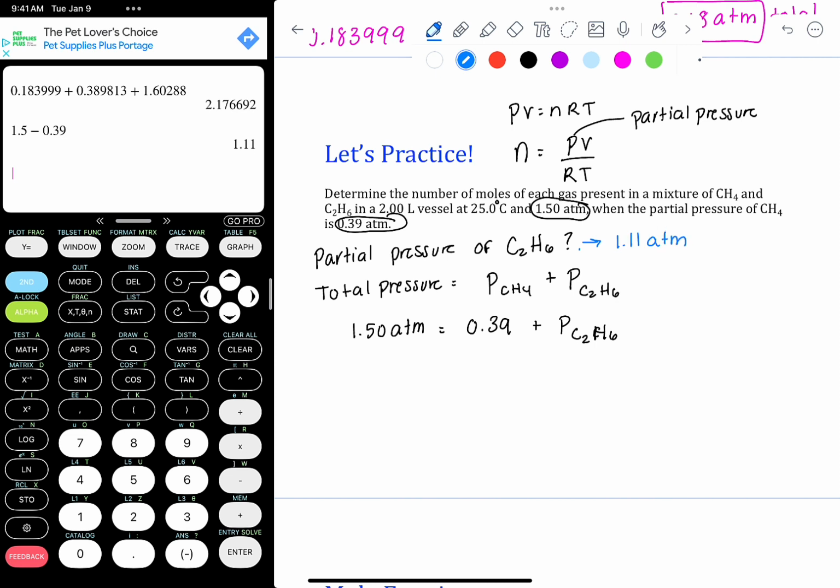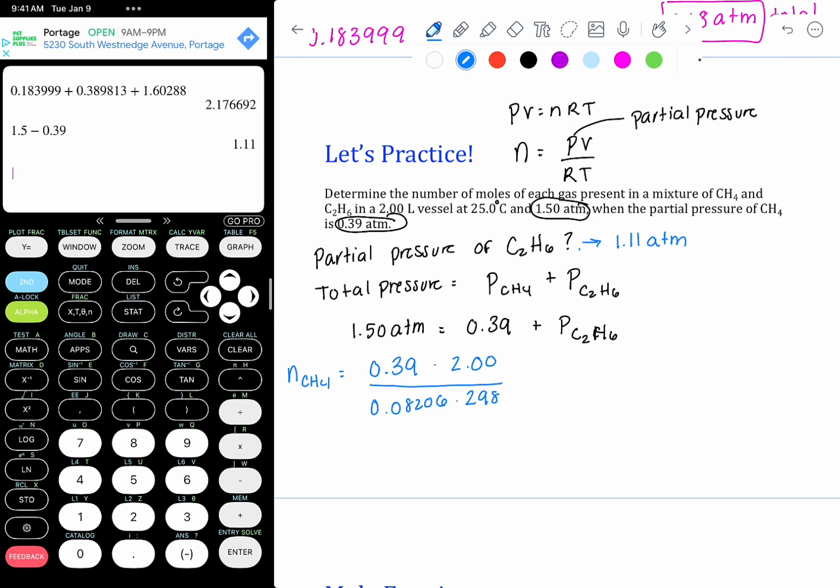Now that we have the pressures, we can solve for the number of moles for each of these. The number of moles for CH4 is equal to its pressure, which is 0.39, times the total volume of 2, divided by R, which in this case is 0.08206, and the temperature, which is 25 plus 273, 298.15 Kelvin.